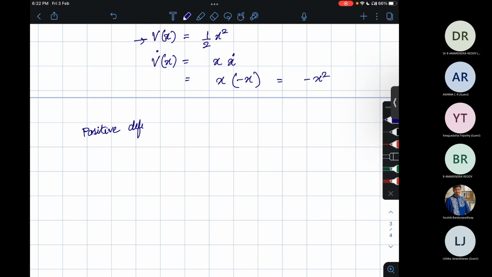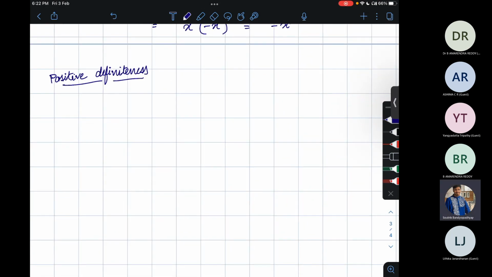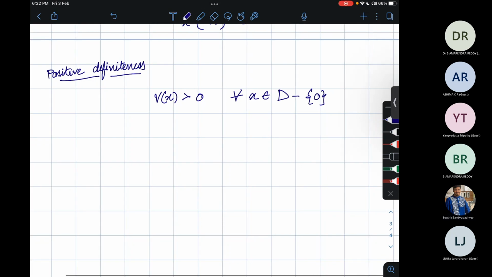Positive definiteness of a function implies that that function is always greater than 0 for all x in the domain minus the origin. What I mean by that is that the energy cannot be 0 or less than 0 at all points of the state space except the origin, and the function must be identically equal to 0 at origin.